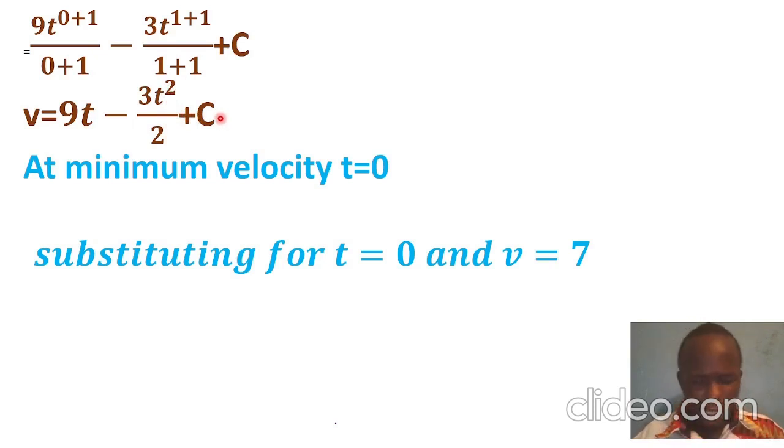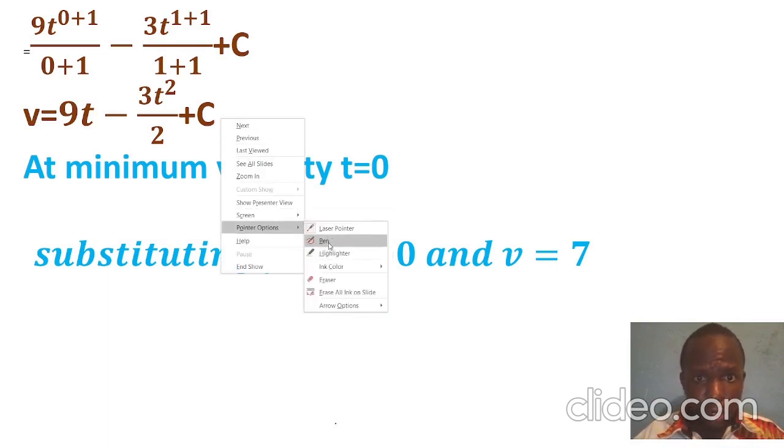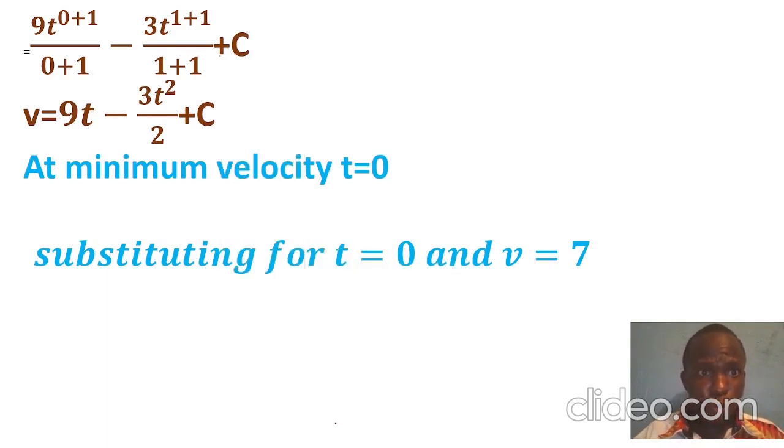One thing to note here: we have to get the value of this arbitrary constant for the velocity function to be complete. And now we're going to arrive at that.